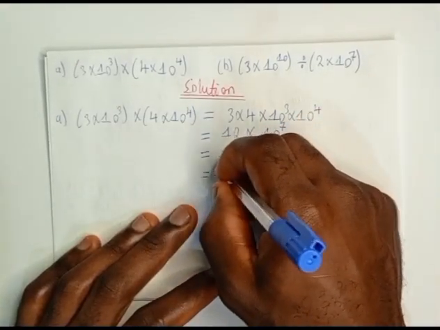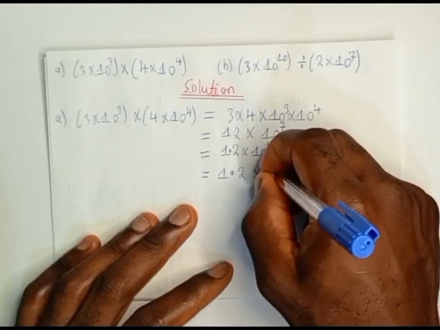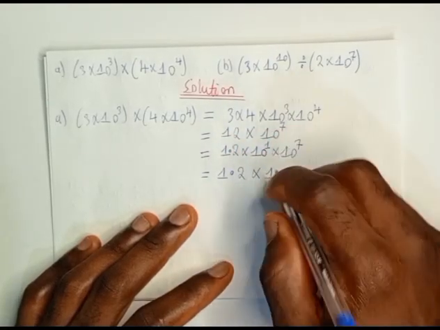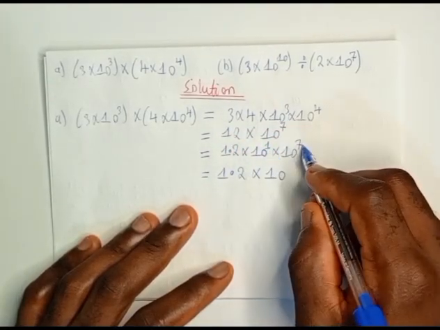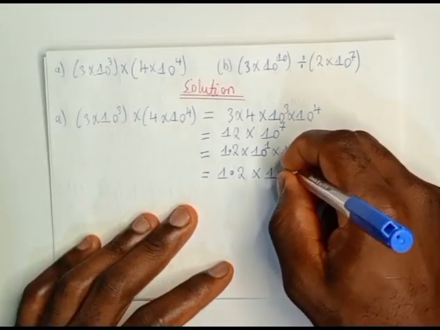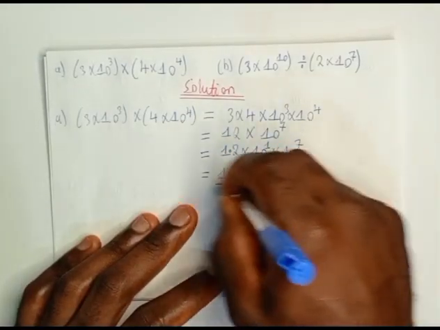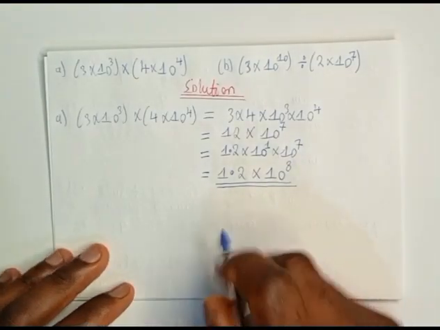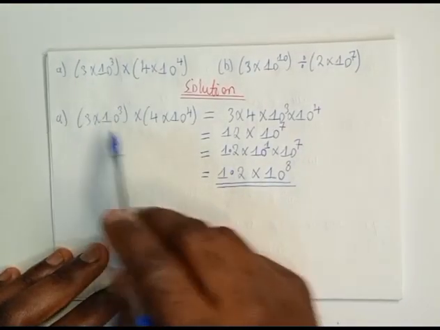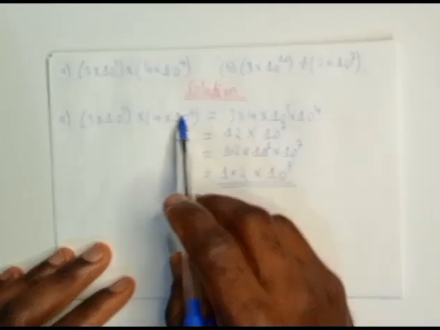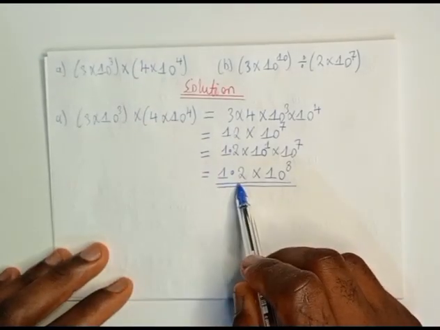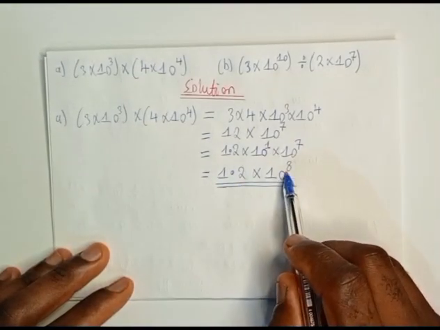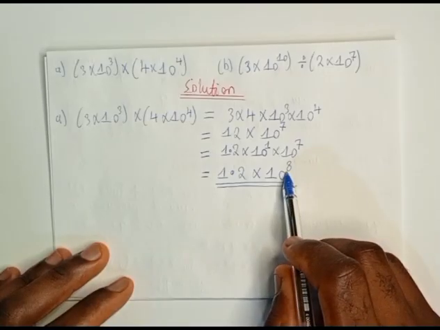This is equal to 1.2 times 10 raised to the power 1 plus 7, which gives us 8. Therefore, 3 times 10 to the power 3 times 4 times 10 to the power 4 is equal to 1.2 times 10 to the power 8 in standard form.